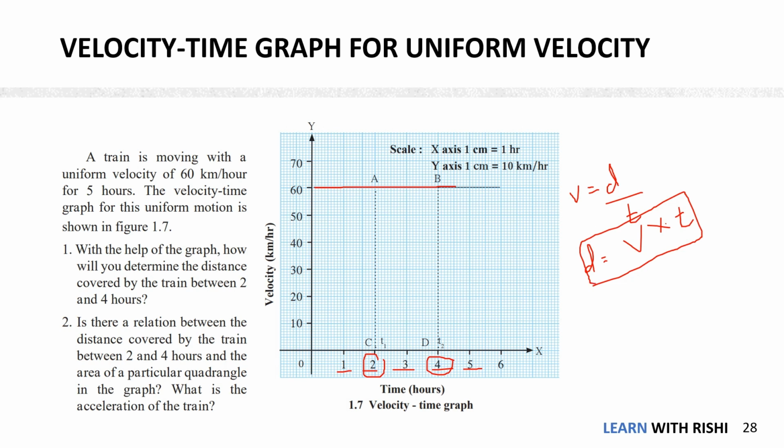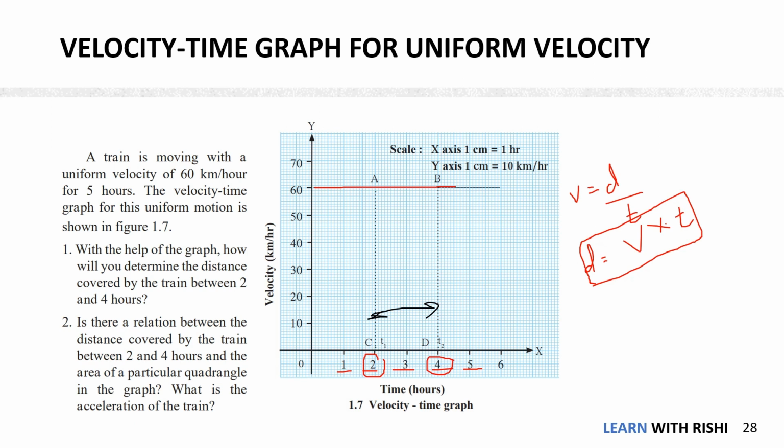Now for that we need velocity and we need time. They have told us to find the distance covered by the train between 2 and 4 hours. So the region is this region, which they have marked with dotted black spots.